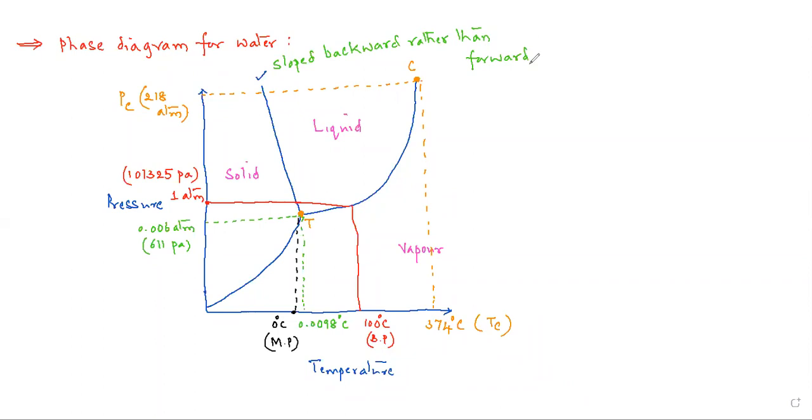It has actually got backward rather than going in the forward direction, as in case of the pure substance. But why? And what does that indicate?